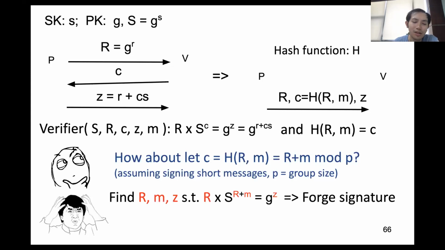Right now the task is that you need to find r, m, and z such that s to the r plus m, whatever this means, equals g to the z, and we assume m is in a small subspace of 0 to p minus 1. Otherwise, you can obviously break this protocol.